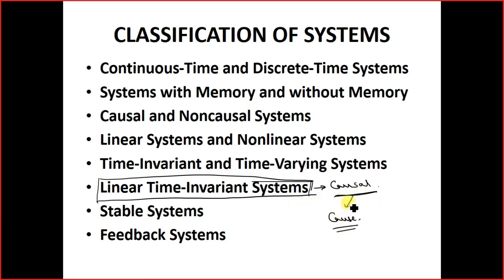If I ask you in the exams to find out whether a system is suitable for biomedical signal processing or not, what you have to do is check first the causality of the system, second the linearity of the system, and third the time invariance of the system.